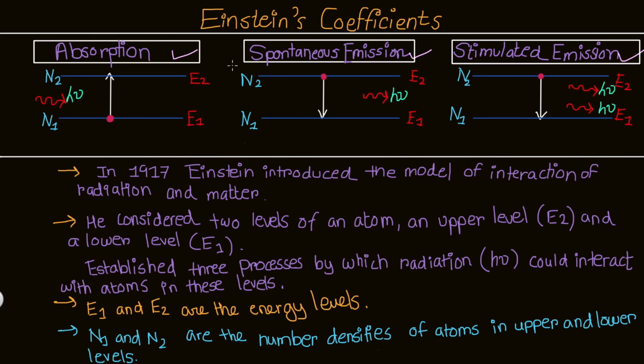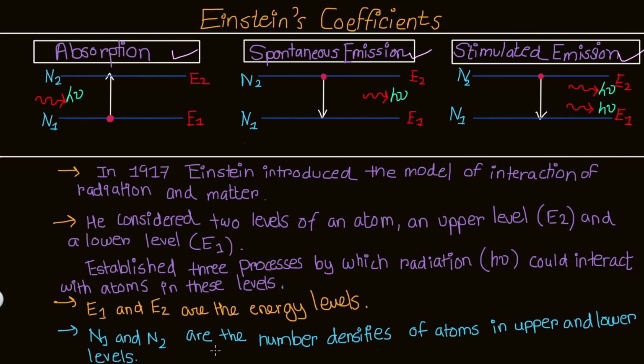You have to keep in mind the differences between these three processes. And you have to keep in mind E1, E2 are the energy levels. And radiation over here, this is the photon coming in, h nu, Planck's constant, and nu, which is the frequency, not v, not velocity, it's the letter nu, and it's the frequency.